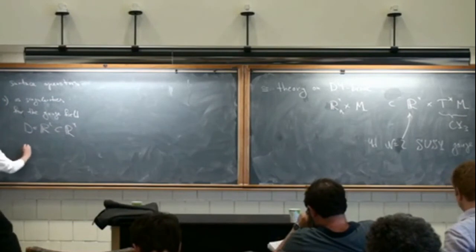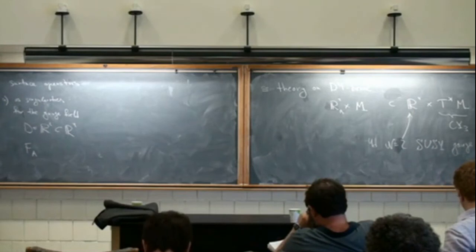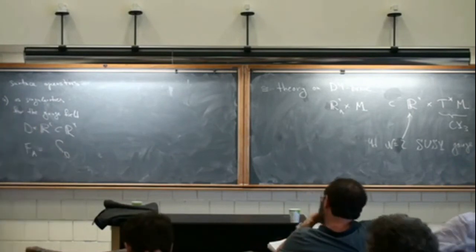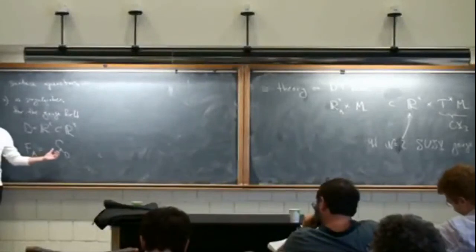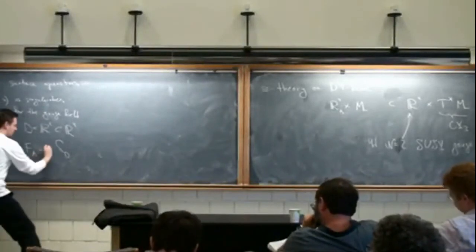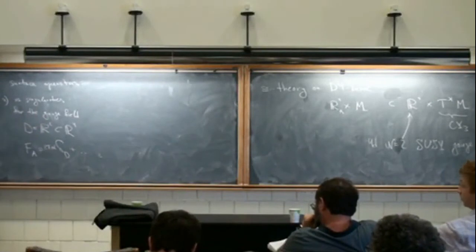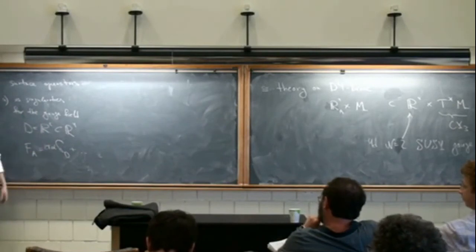Put differently, you can simply require that the curvature of the gauge field A has a singularity, a delta function supported on the surface D with a suitable coefficient, which is usually denoted by parameter alpha. So alpha takes values in the torus of the gauge group and parameterizes various choices of such surface operators.